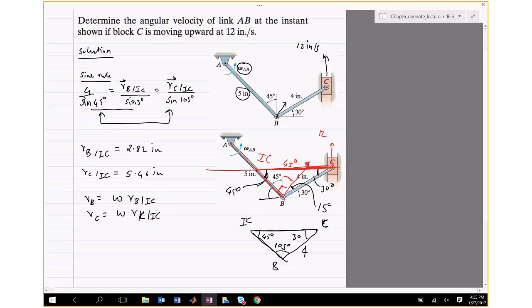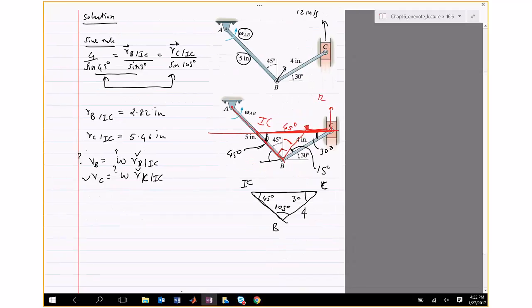We know what VC is. We don't know what VB is. We don't know what omega is, but we know what RB and RC are. In this case, I'm interested in finding VB, and it will be clear why. So I'm going to take the ratio of the two. VB divided by VC is RB with respect to IC divided by RC with respect to IC.